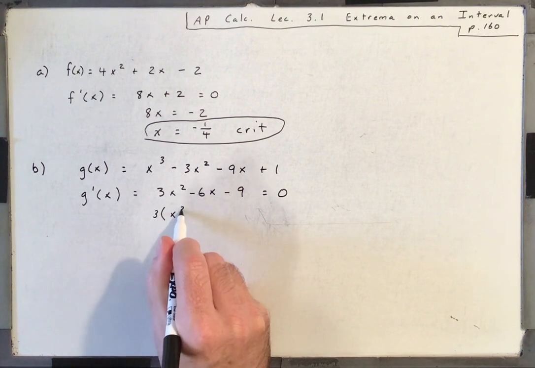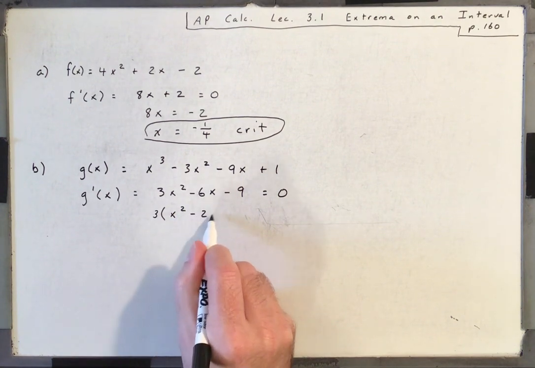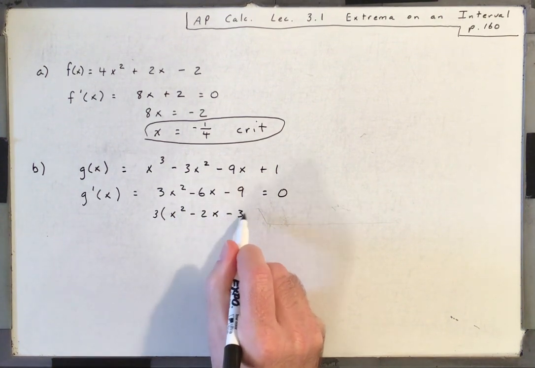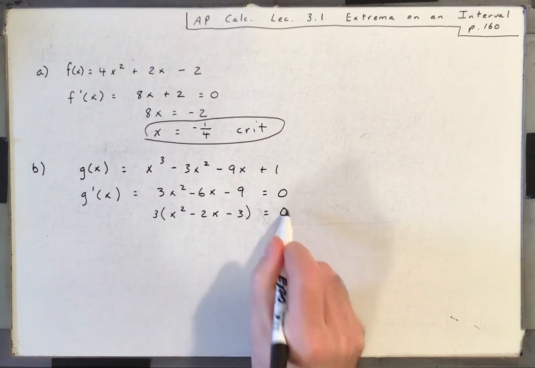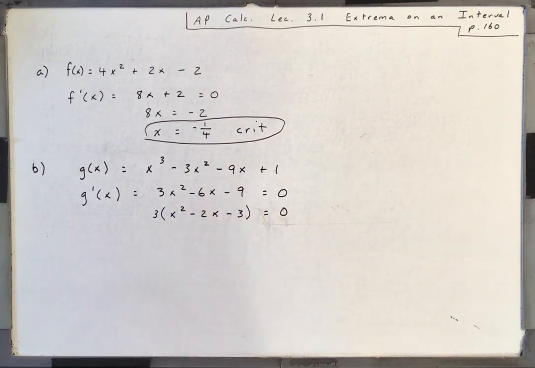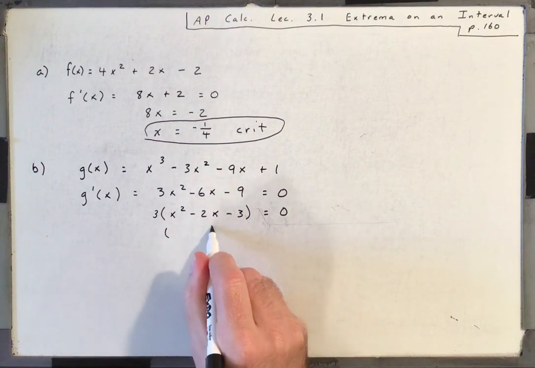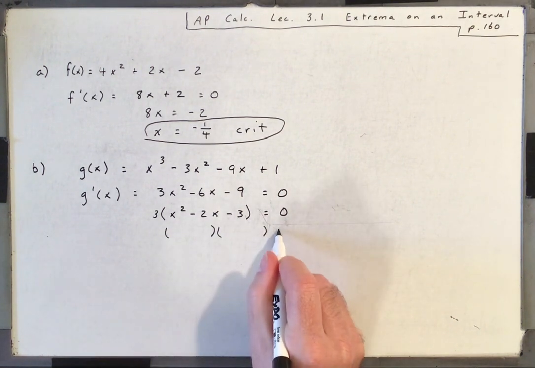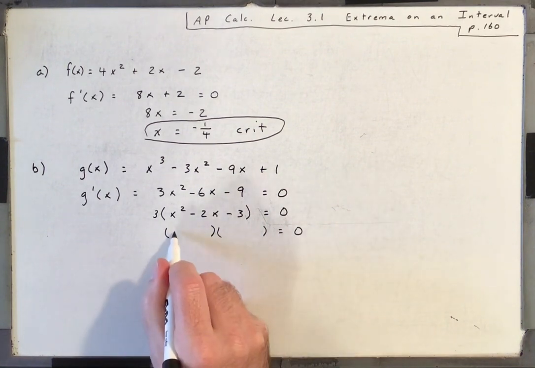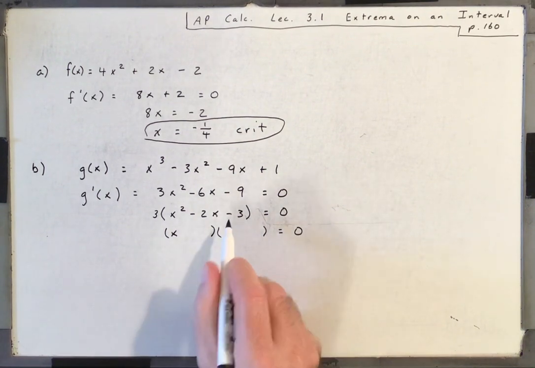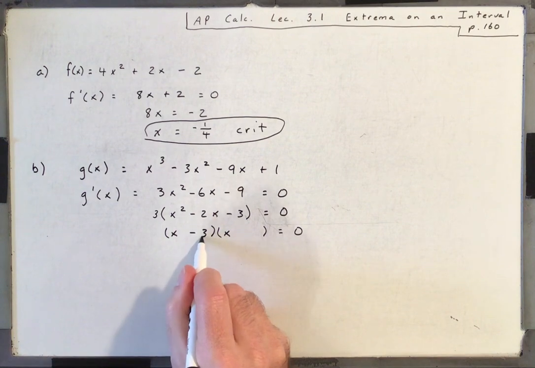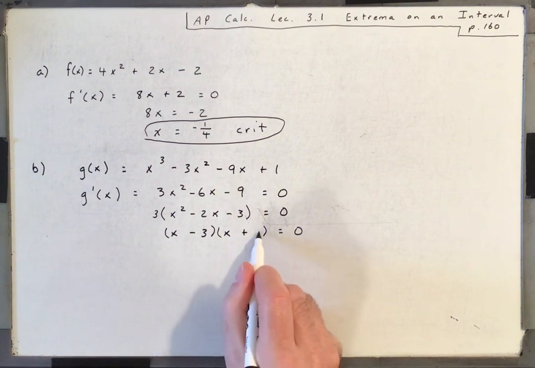I'd have x squared minus 2x minus 3 now is equal to 0, because 0 divided by 3 is also 0. And now I can just factor the trinomial. So it'd be x minus 3 and x plus 1 would work.